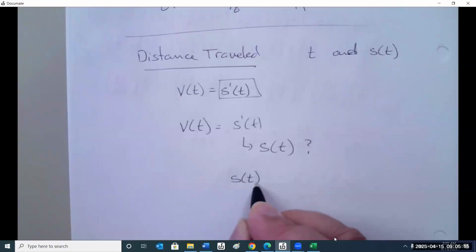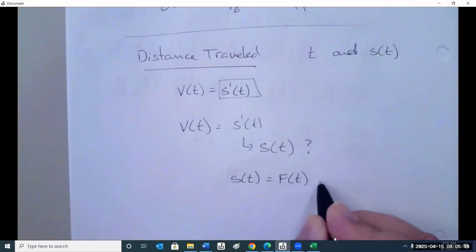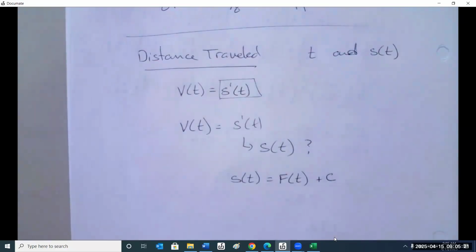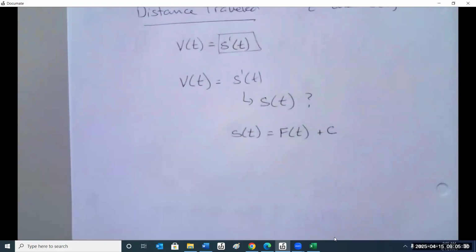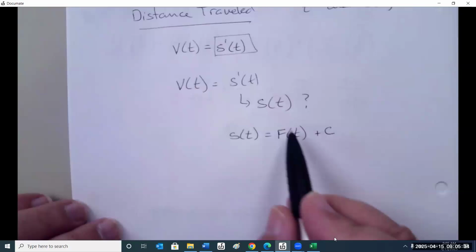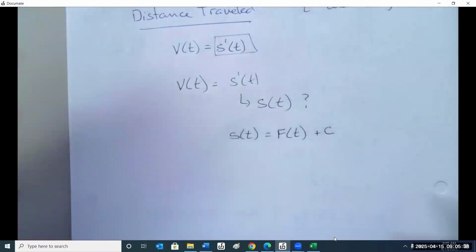What we have to figure out is a way of determining this function. Because if we took the derivative of this, then the velocity is the first derivative. True. The constant goes away. So we have to try to figure this out.